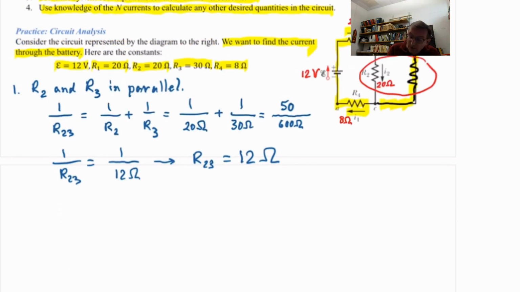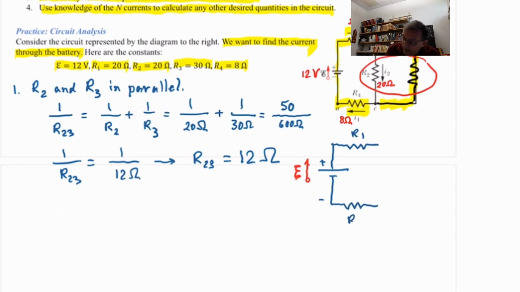Okay, so now that I've used a parallel combination of resistors, I can draw a new simplified circuit, which I will do right over here. Still got the EMF that way, curly E, high potential side and low potential side. And then resistor R1 is there.